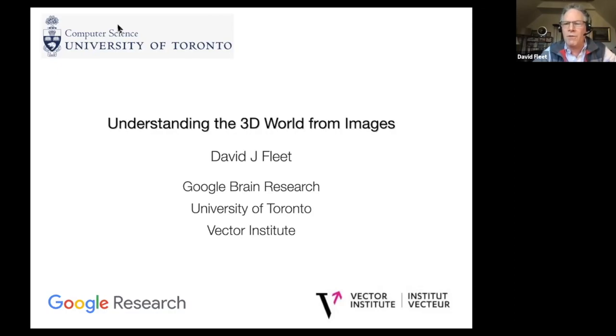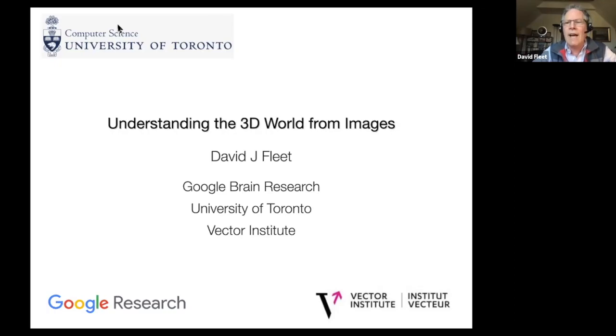They take a bunch of images of these proteins and then understand their 3D structure by running computer vision algorithms on these images. The techniques used to solve the spike protein were the algorithms and software that we developed here in Toronto. It was an exciting development, and I'm going to talk about that.